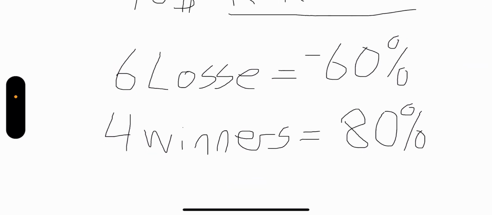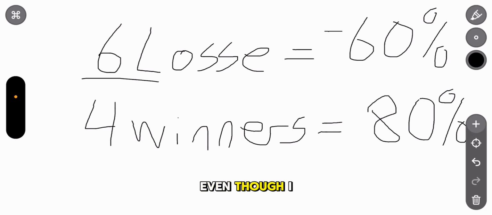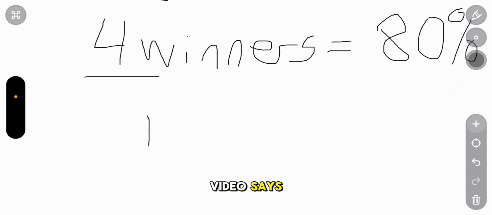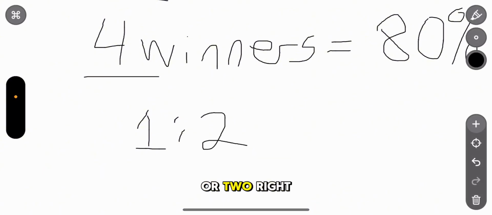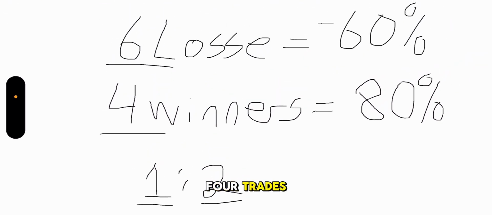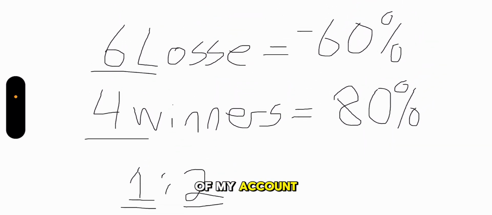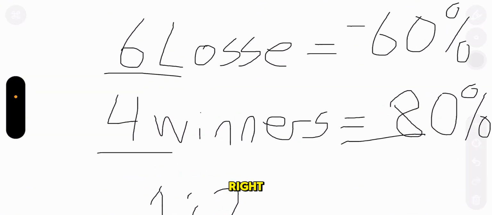right? So at the end of the day, even though I took more losses than I won, right? Even though I took 6 losses and only have 4 winners, since my risk to reward is positive, like we talked about in the last video, since I have a positive risk to reward of 1 to 2, right? I'm risking $10 to make $20. So every trade that I won, those 4 times, I won 20% back of my account, which gives me a result out of, let's say I take 10 trades in total, right?